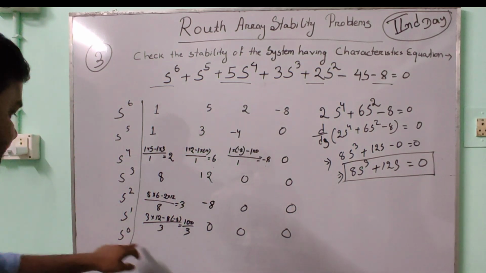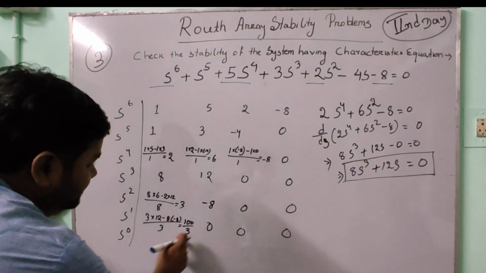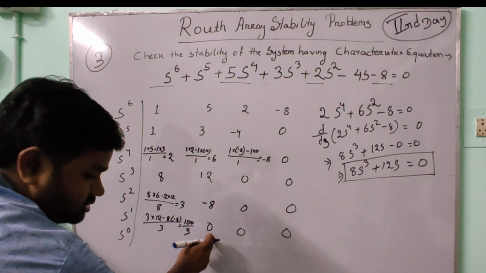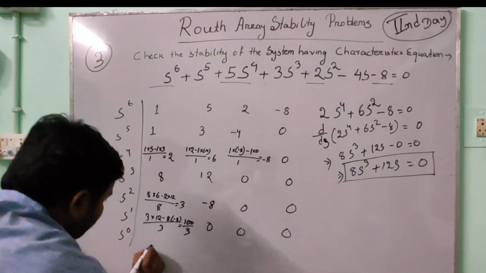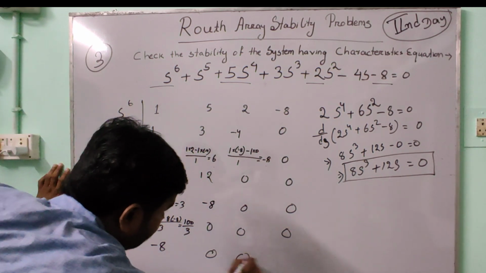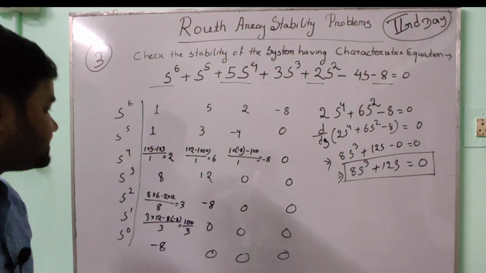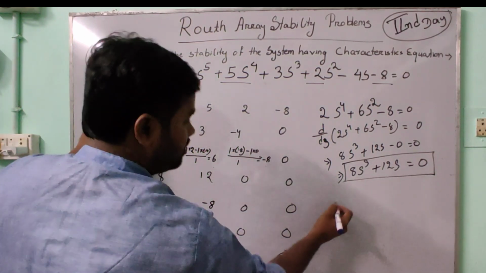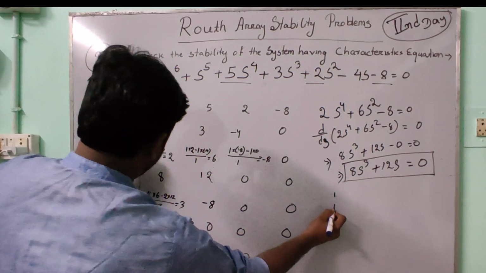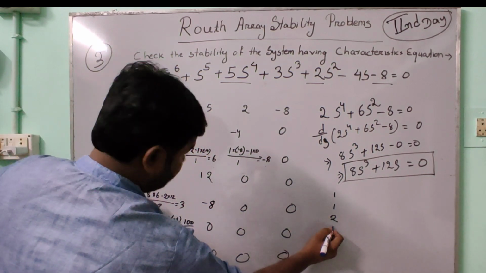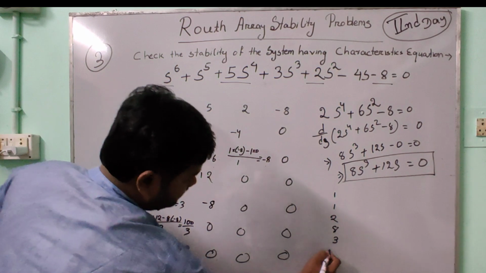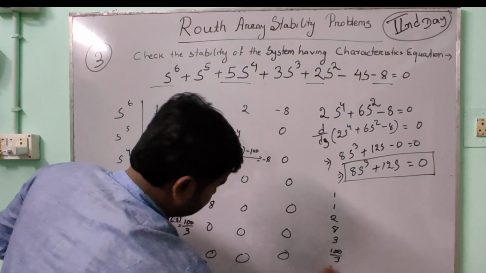Similarly for s^0, the value is (100/3 into -8 minus 3 into 0) divided by 100/3, which is -8. So the first column values are 1, 1, 2, 8, 3, 100/3 and -8.